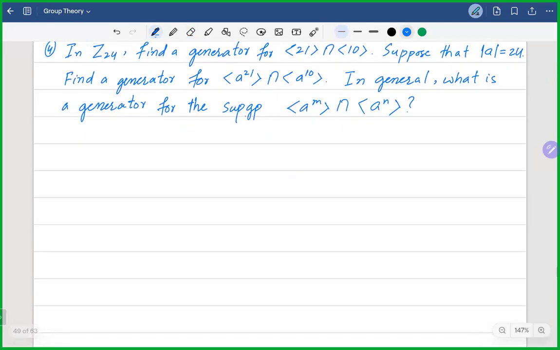Okay, bit long one, but worthwhile doing because it's interesting.